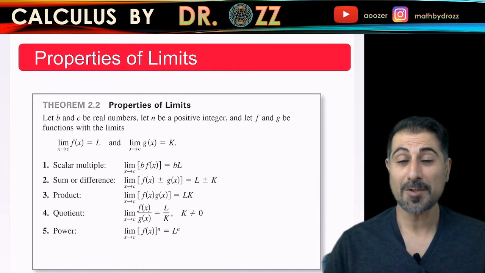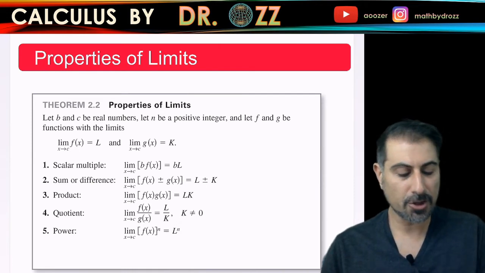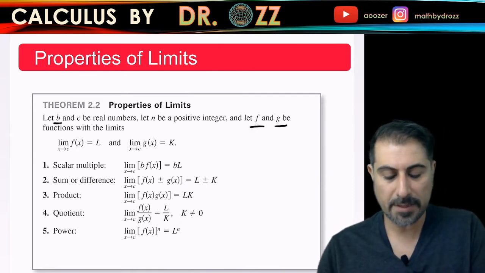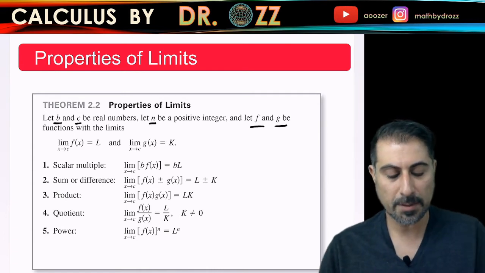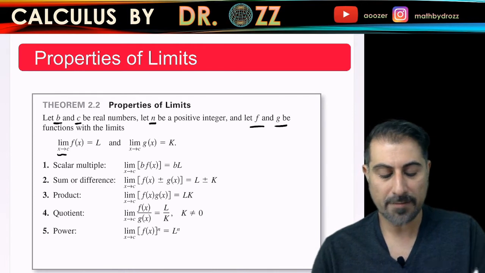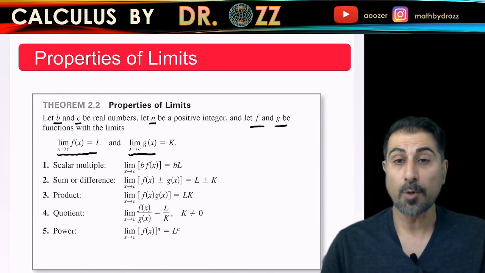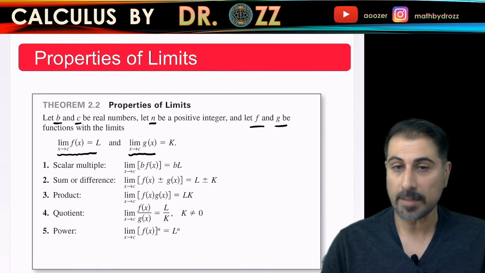And here are the properties of limits in general. Let's say you have 2 functions f and g, and b and c are real numbers, and n is a positive integer. Let's say you know the limit of f and the limit of g at the limit point x equals c, so x approaches c.